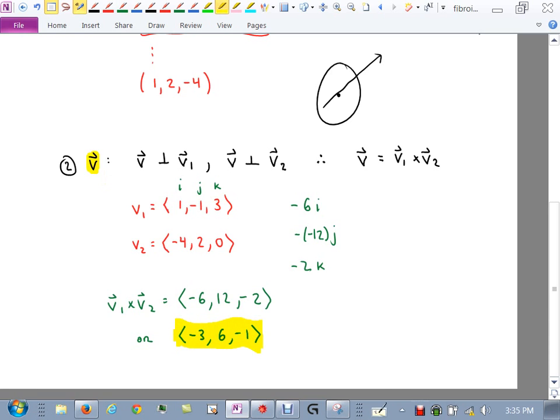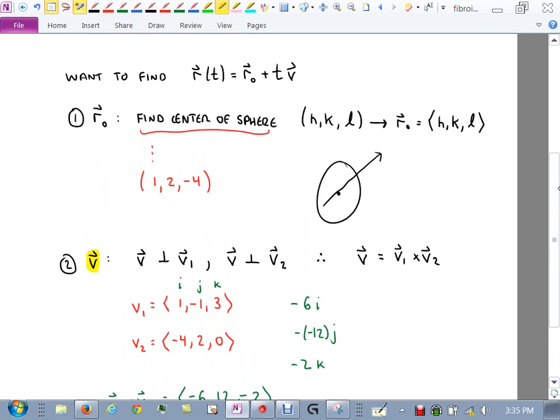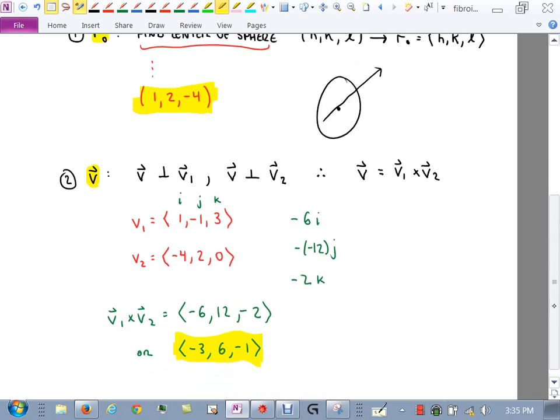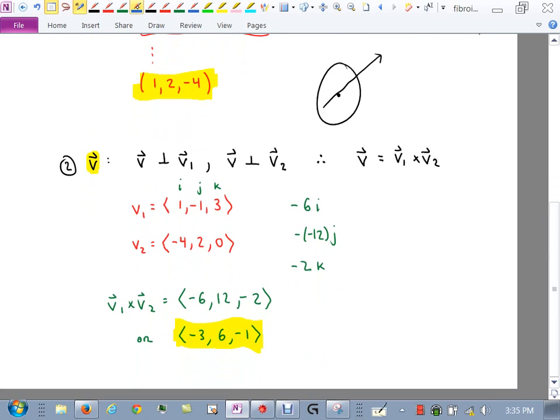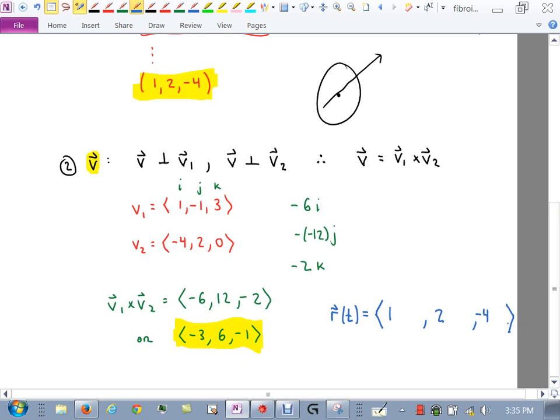I have a direction vector. I have R naught, which was the vector corresponding to that point. So my final result would be, try and keep it all on one page here, R of t is equal to, let's see, my R naught, and then plus t times v. I'm going to put them all together at one time. Is that all right? You understand?